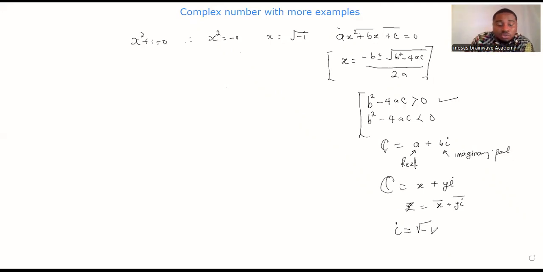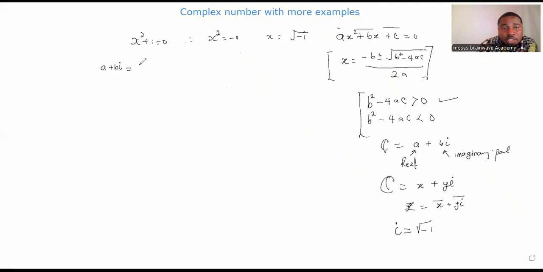Then we're going to be taking some practical examples right now, and maybe if we have time, we can review more examples. Now, take two complex numbers, for example, a plus bi.